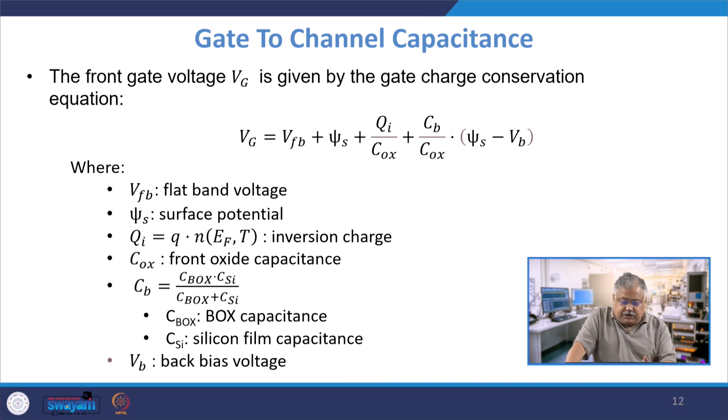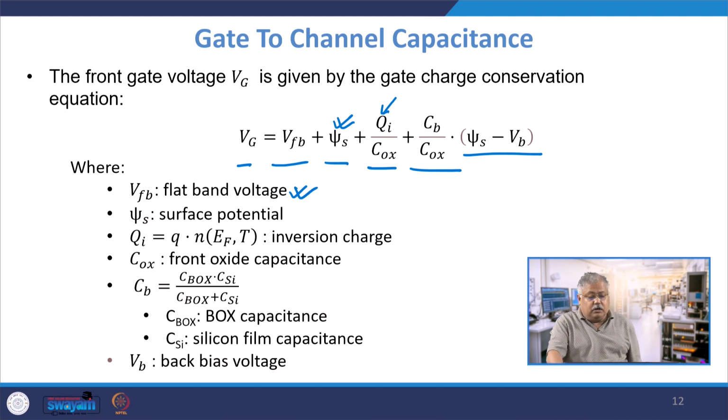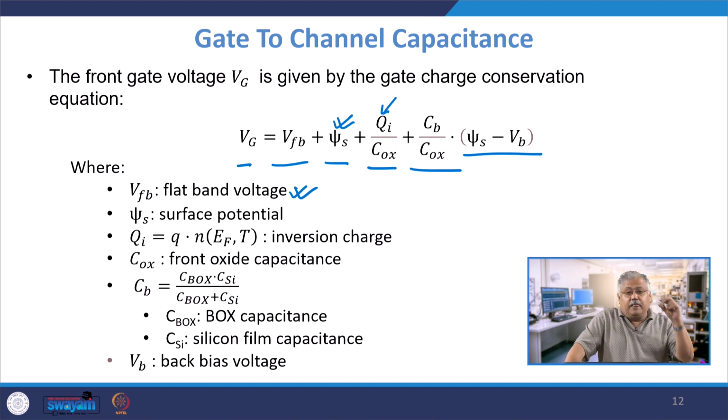Now, the front gate potential we have seen already, I am not going into details of this one. Because of charge conservation we can say that the total gate voltage is distributed across the flat band, surface potential, inversion charge density Qi by Cox, and the substrate term given by psi s by Cb, where VFB is my flat band voltage, psi s is my surface potential, Qi is the inversion charge, Cox is oxide capacitance, and Cb is the bulk capacitance, given by Cbox times CSI upon Cbox plus CSI, because silicon and the buried oxide layer are in series with respect to each other.